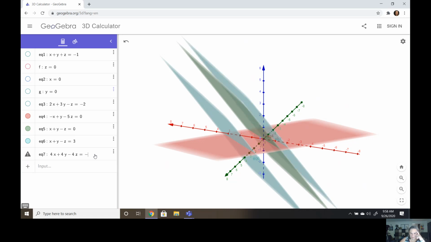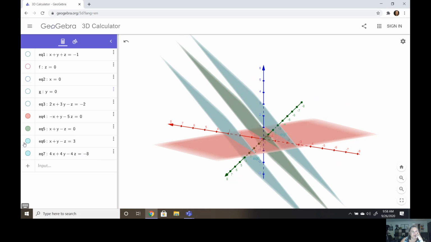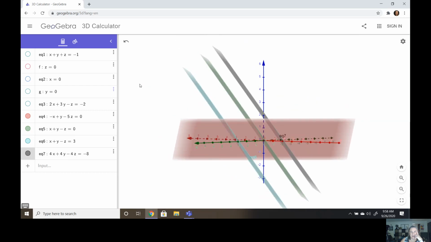A little further. I'm just trying to make it further apart. There we go. Okay, and let's just change the color of this one. There. And so I've made 3 parallel planes.